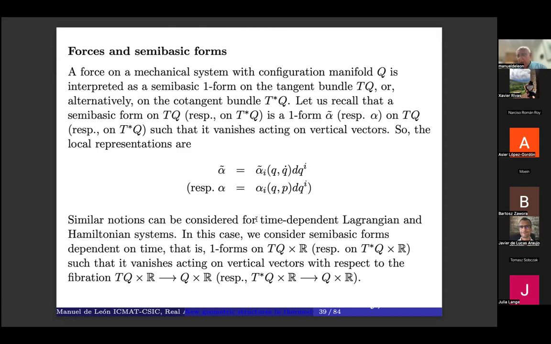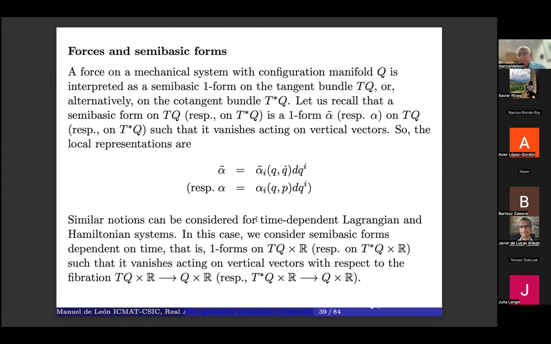The use of semi-basic forms is very well described in the book of Godbillon. In the last chapters of Godbillon, he considers the forces as semi-basic forms. So this is the usual way to put forces in the system.